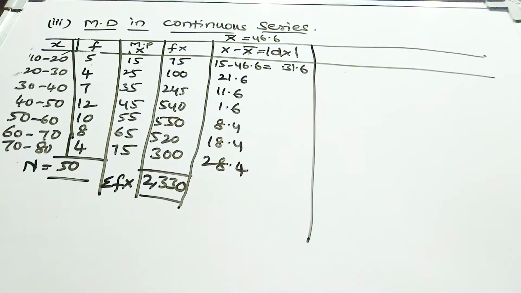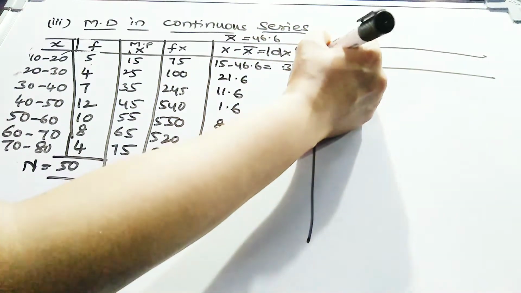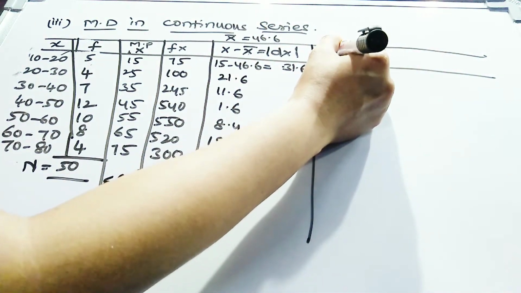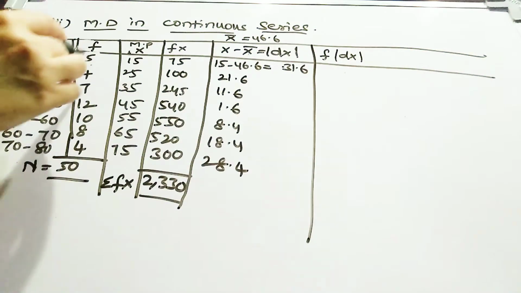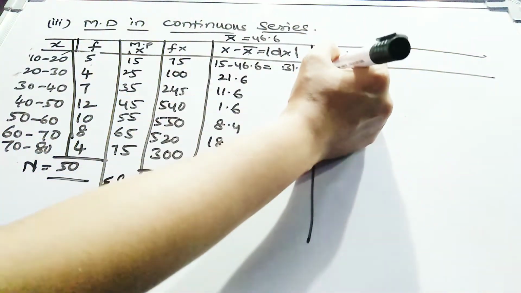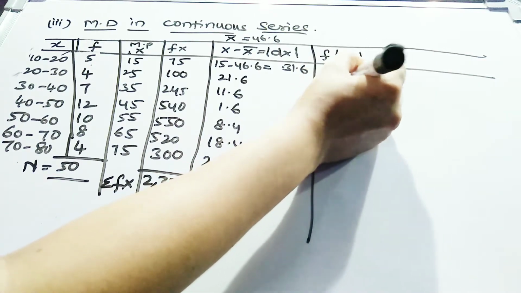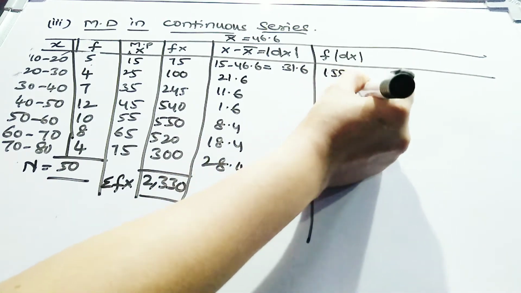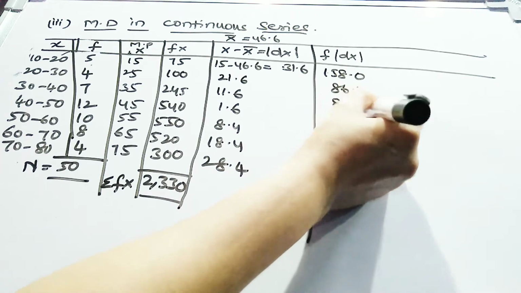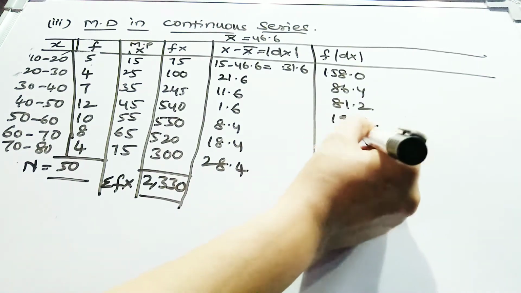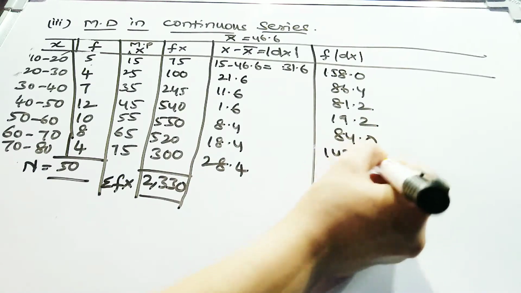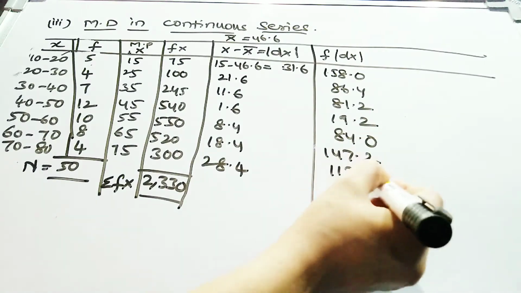After finding the deviation, multiply frequency with deviation. What is your frequency? 5. 5 into 31.6 you will get 158.0, then 86.4, 81.2, 19.2, 84.0, 147.2, 113.6.